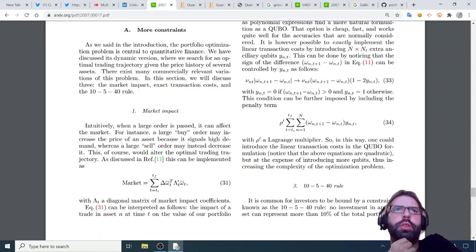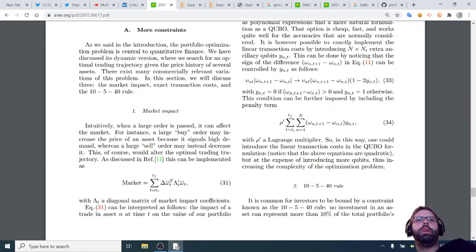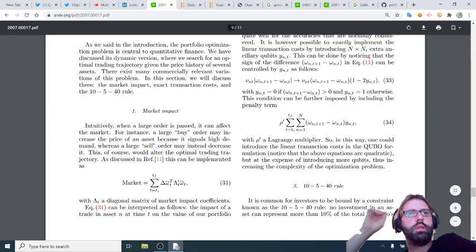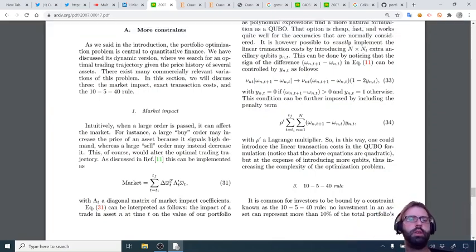Intuitively, when a large order is passed, it can affect the market. For instance, a large buy order may increase the price of an asset because it signals high demand, whereas a large sell may decrease it. This would, of course, alter the optimal trading trajectory. As discussed in reference 11, this can be implemented with market impact coefficients.